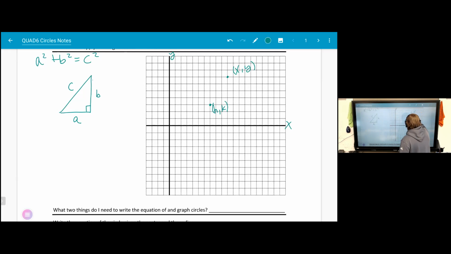So here's what I'm going to do. I'm going to draw the circle for you. It's going to be not great, and that's okay. I'm just looking for the best you can do. Let's try that again.